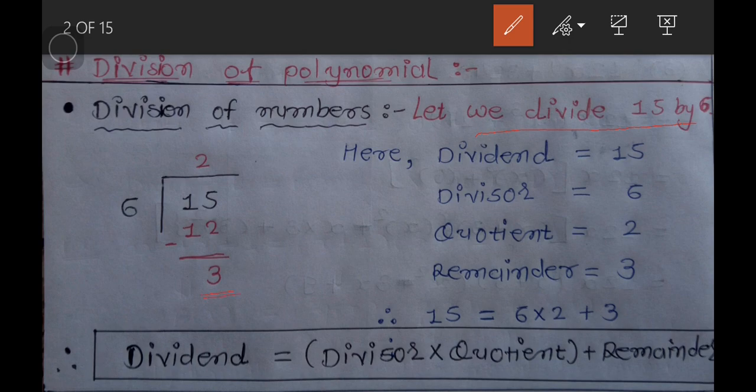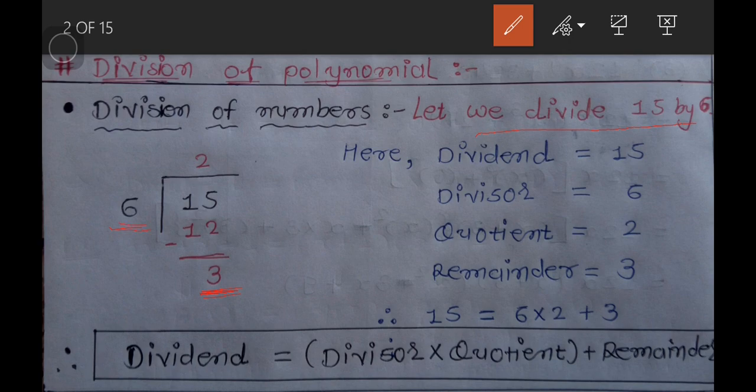Remaining number is 3. Here we know that we do division of this number till we get a smaller number than our divisor. We continue this process till we get a smaller remainder than our divisor.